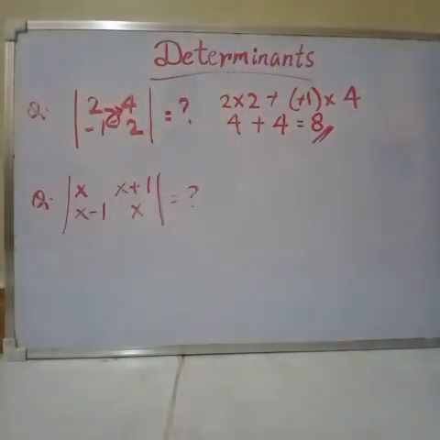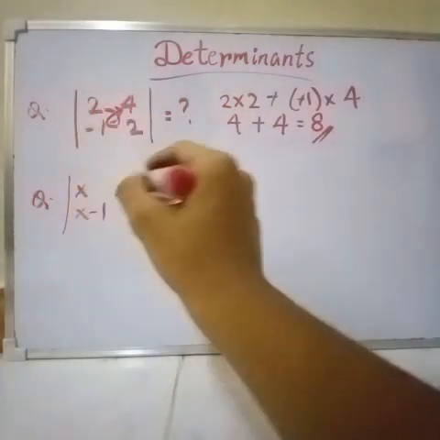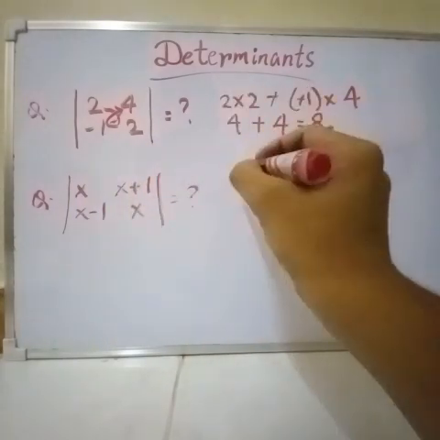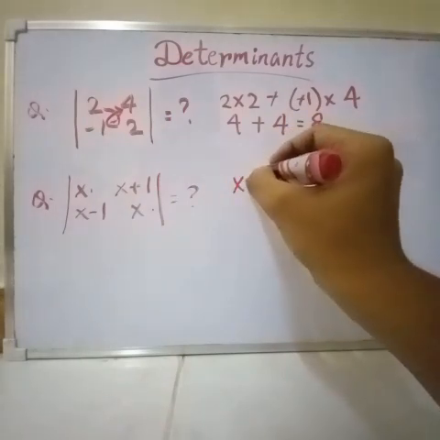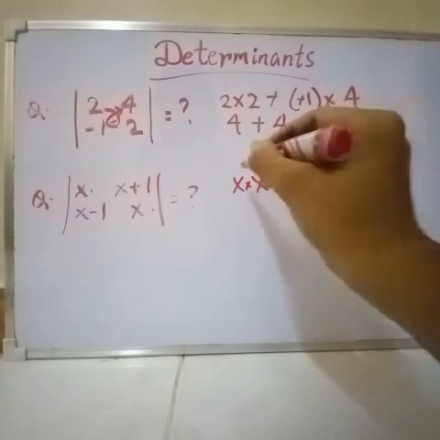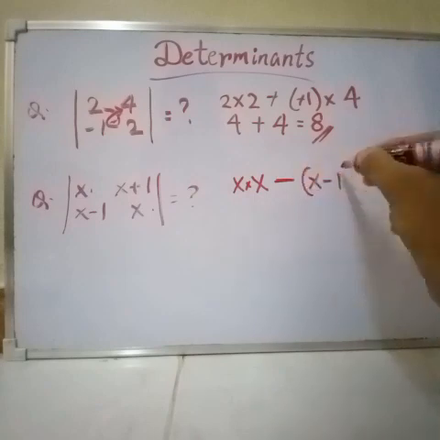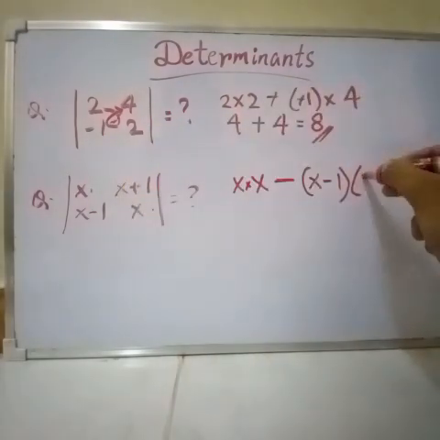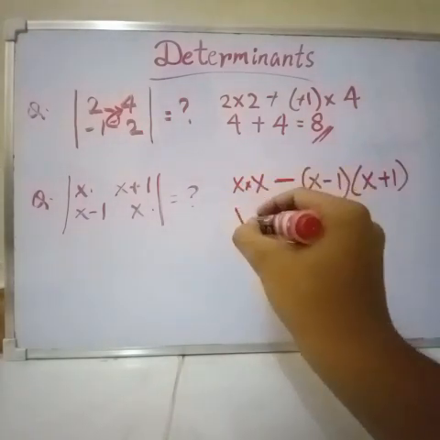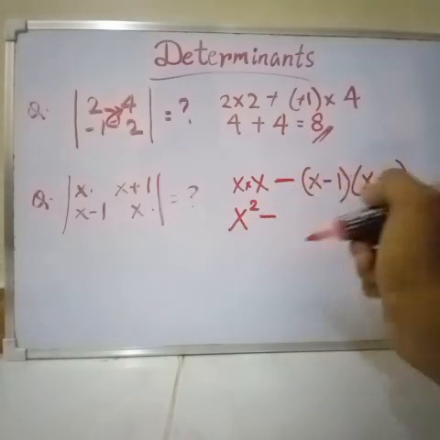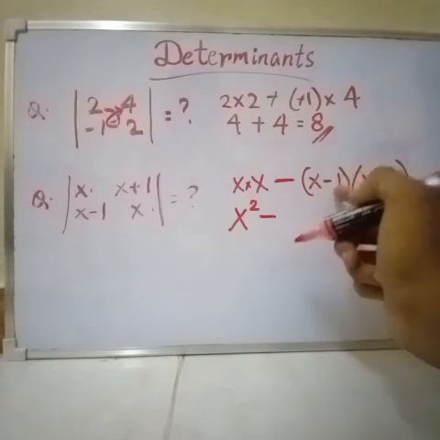So let's go to the second question. We have to find the determinant here also. Same process here, but instead we have variables. So the first element with the fourth element, x times x, then minus x minus 1 times x plus 1. Now do the multiplication. X into x is x squared minus, here we have the property (a plus b)(a minus b) is a squared minus b squared.